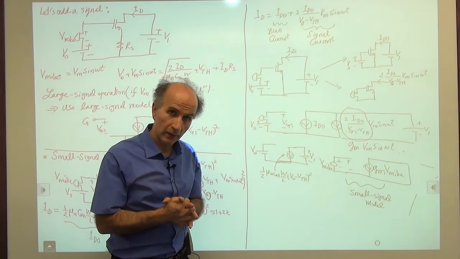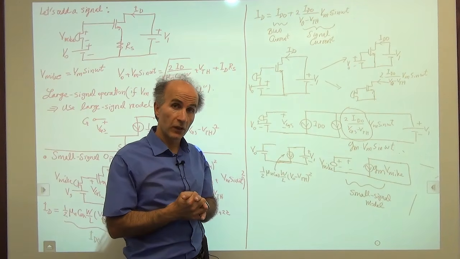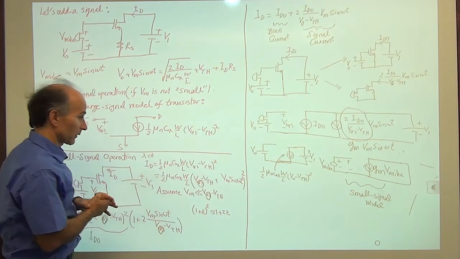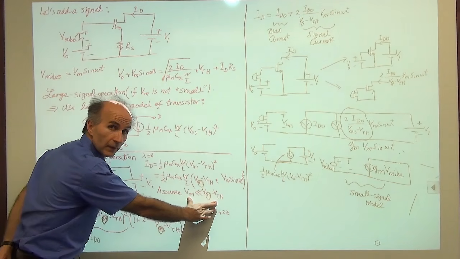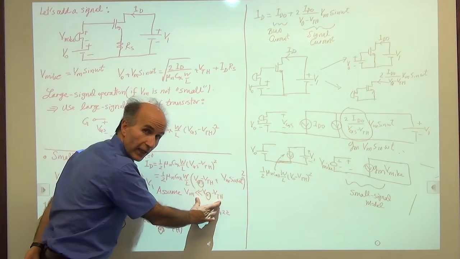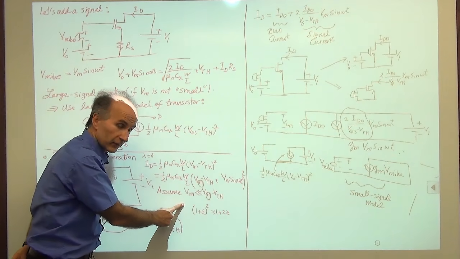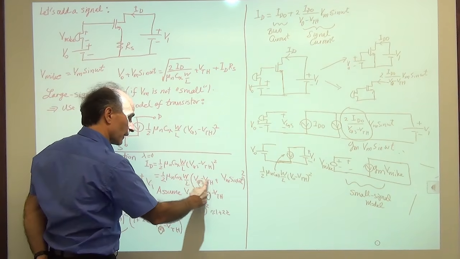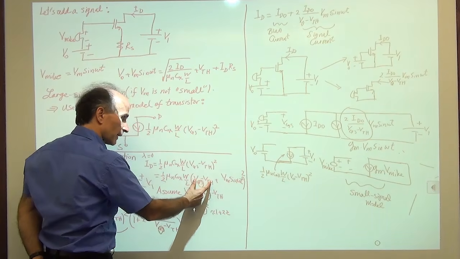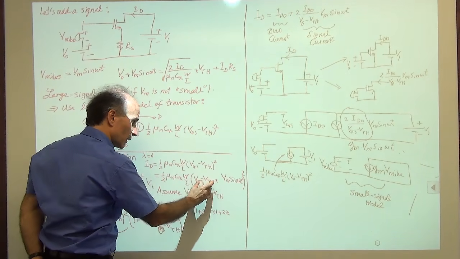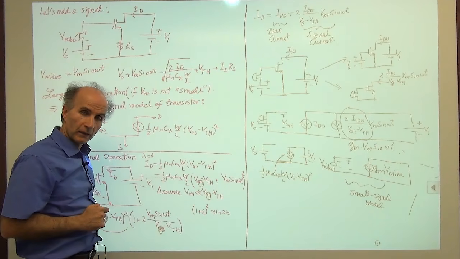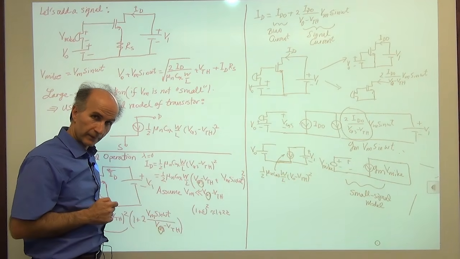In particular, it creates a small change in the overdrive voltage, because that was our condition, right? The overdrive voltage is changed negligibly as a result of this. You can see here that this term is much less than this term, so the overdrive voltage is not affected much by the signal voltage.